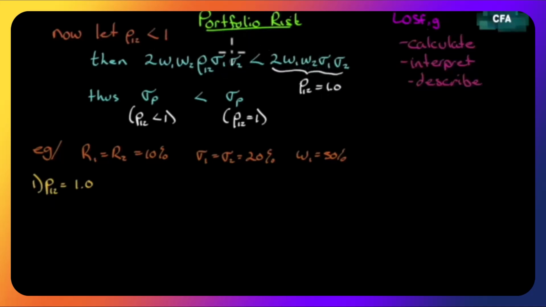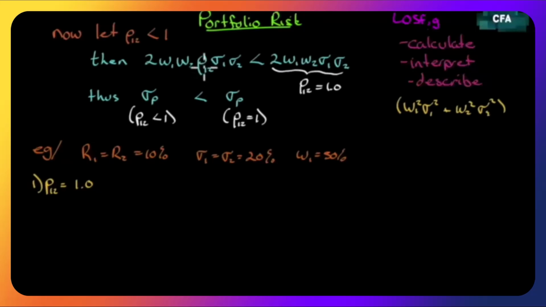Regardless of what the correlation is, the first term, you remember the first term was W1 squared plus W2 squared. Notice that this has nothing to do with correlation. So no matter what the correlation is, the first two terms of the variance will be the same. The third term here will be smaller than this third term when the correlation is 1, because this is less than 1.